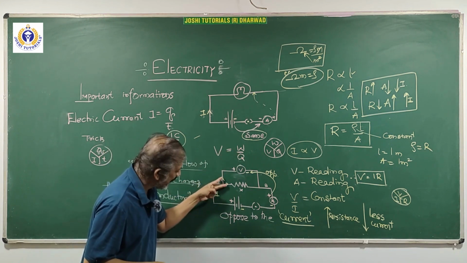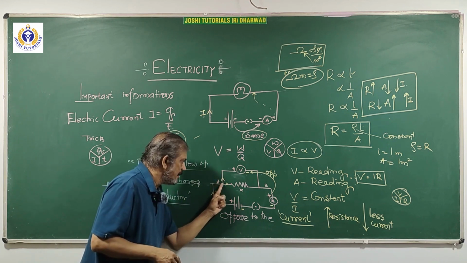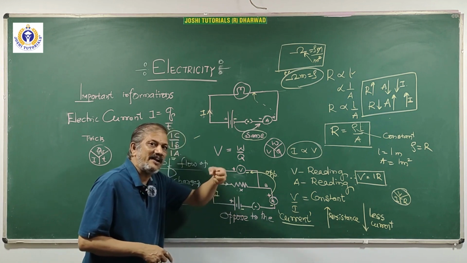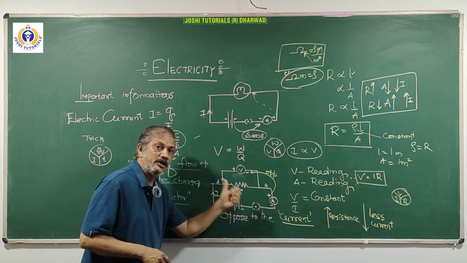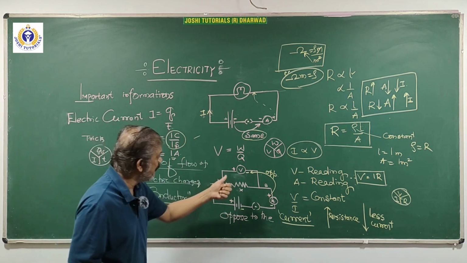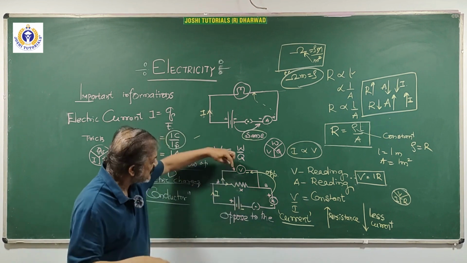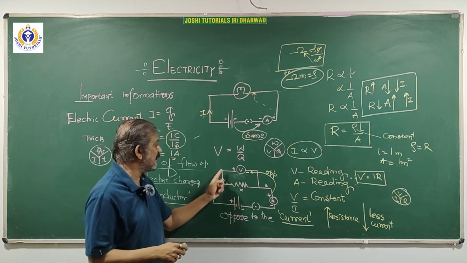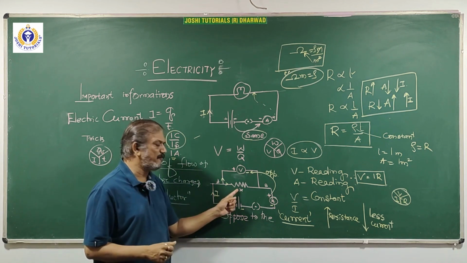When there are two ways for the current to flow, a low resistance would drag maximum current and the device would not get the required current to operate. That is why the voltmeter is always in parallel: it has high resistance, so it allows less current, and the required current will flow through the device.